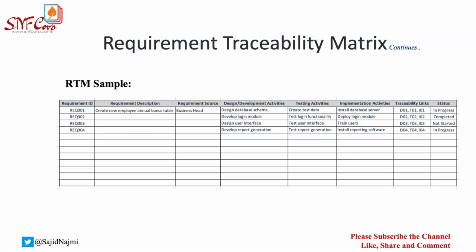Now, what is important with these numbers? They have to be unique. You cannot repeat these numbers. For example, if I have the same number for 5 different requirements, and those 5 requirements are impacting 500 different sections in my SRS, and I use the same number at 500 different places, just imagine what will happen. You will not be able to find the exact answer because the same number is tagged to 500 different places.